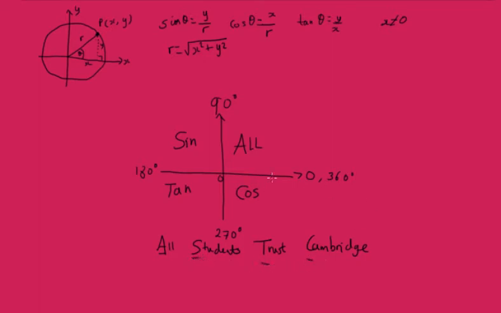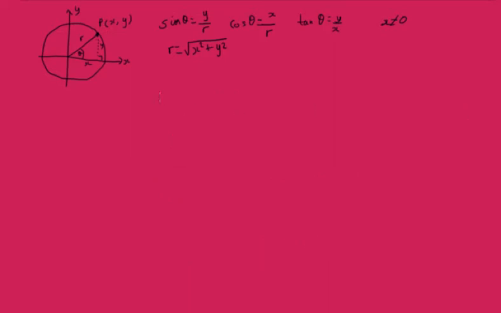ASTC, and that reminds us what quadrants the ratios are positive in. And we can use this to help us answer some questions. So let's first, I'm going to leave our identities up here because that's going to be useful.